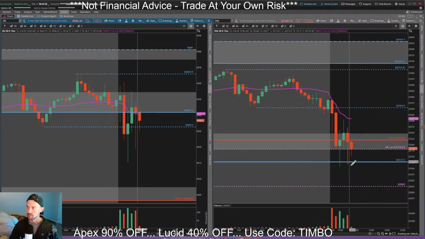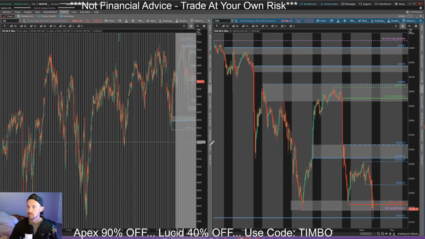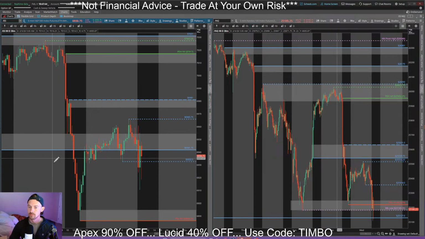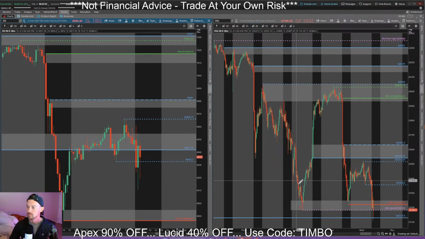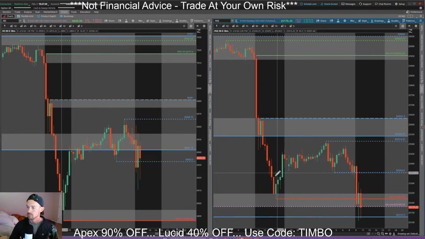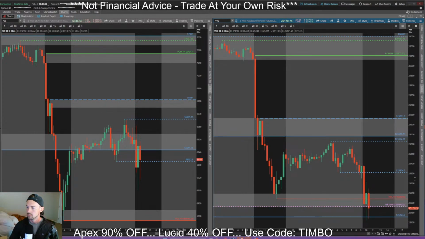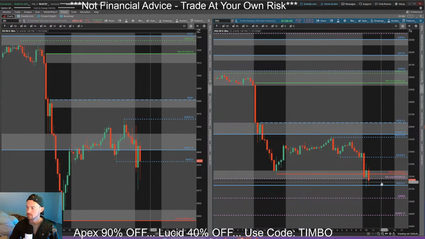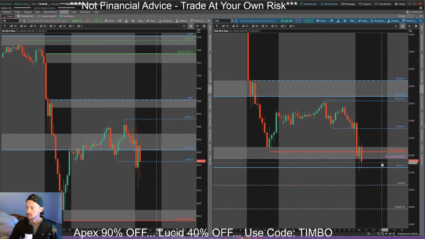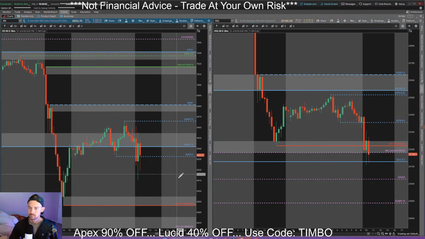Got some lower wicks here on the 15. I don't know, NQ's still looking kind of weak, but ES kind of trying to hold up.